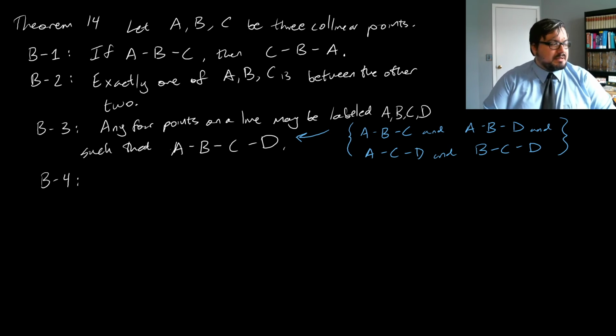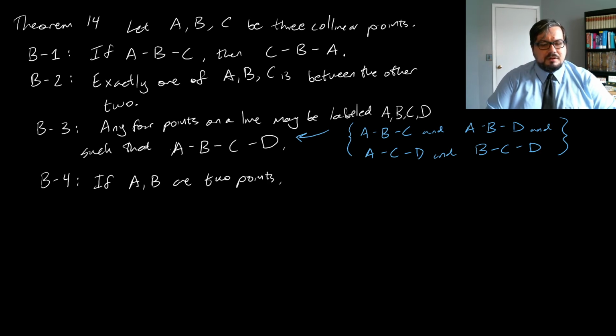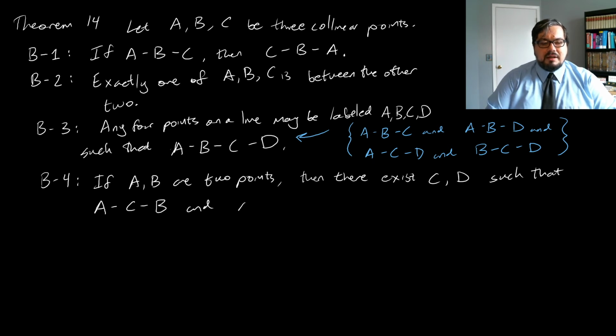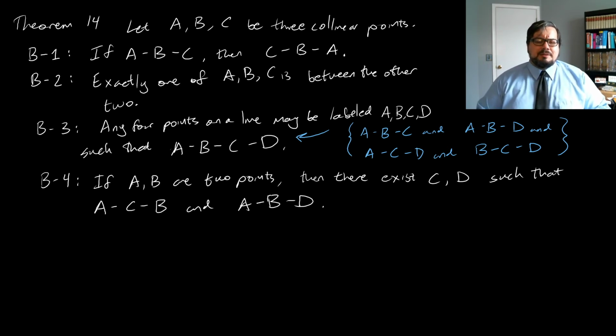B4 says that if A and B are 2 points, then there exist C and D such that A-C-B and A-B-D. This is a very important point right here.